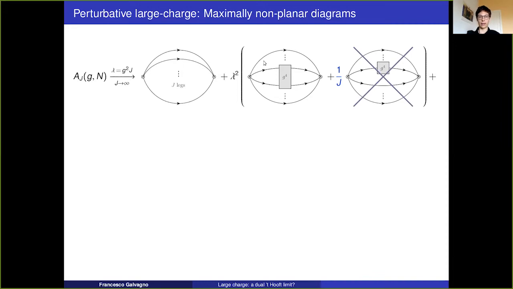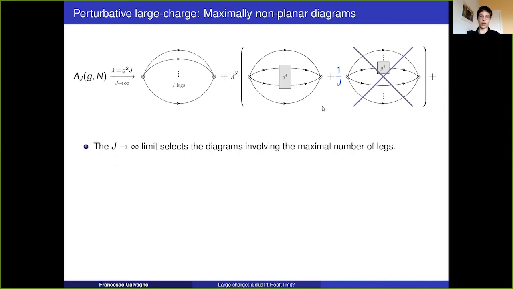And we get that only this first class of diagrams is kept in this J going to infinity limit, since this class of two-loop corrections of a single propagator is subleading as 1 over J.